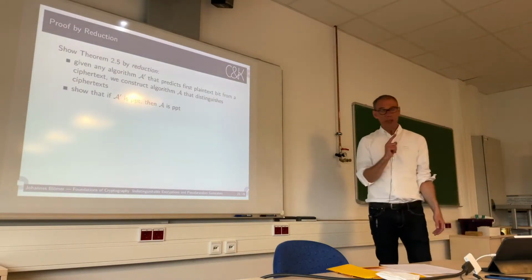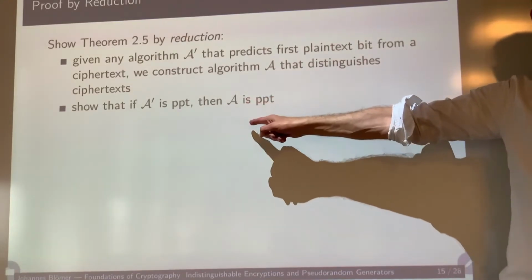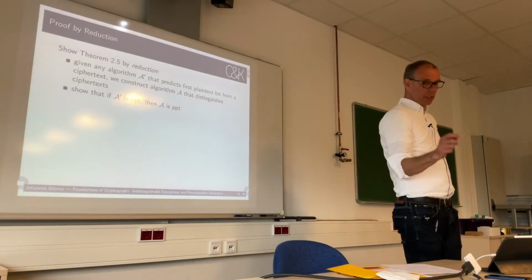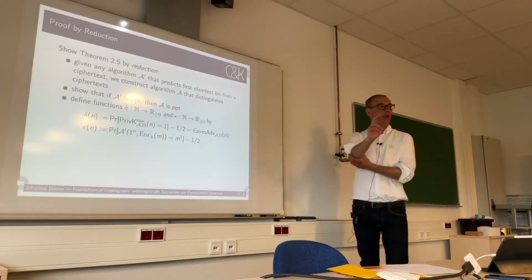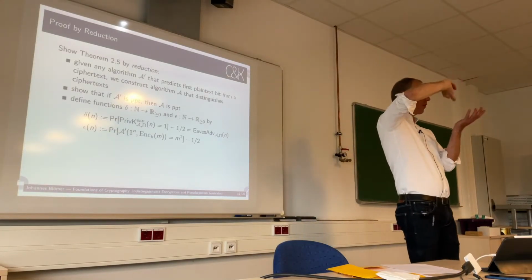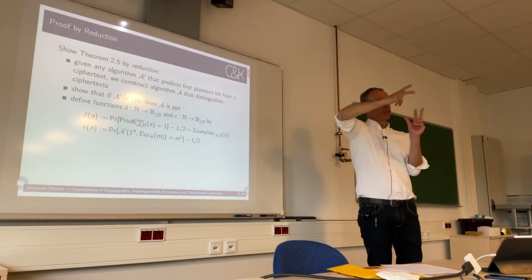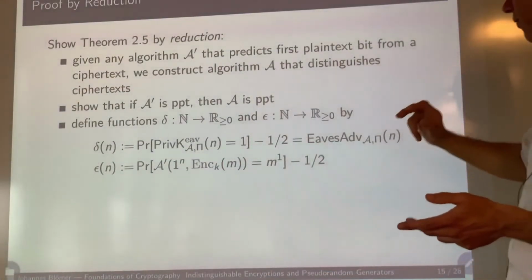But what we also need to do is to show several things. If A prime is a probabilistic polynomial time algorithm, then A is a probabilistic polynomial time algorithm. It's the first thing that we will need to do. Then we show that we can relate the advantages of the two algorithms in their respective settings, in their respective games. So we define functions.